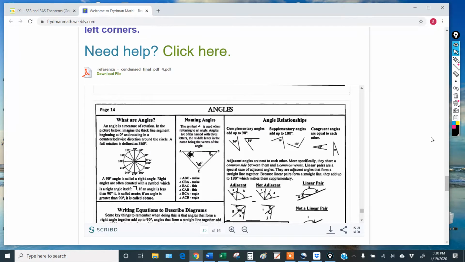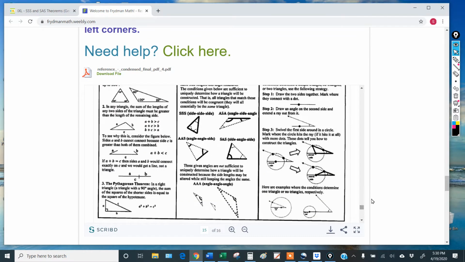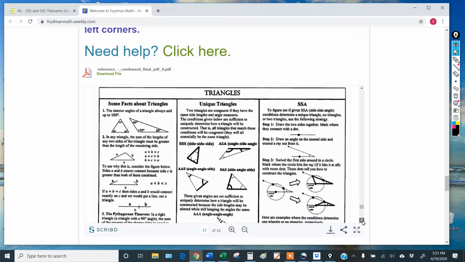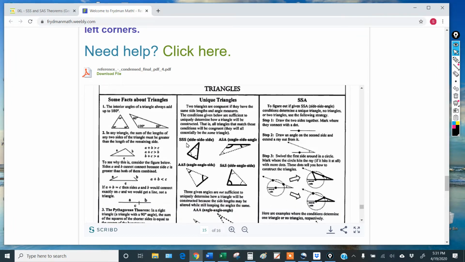Okay, and I talked about this in another video for this week, for I believe 8th grade P16, but I'll just very quickly go over again that if we see SSS or ASA or AAS or SAS conditions, then there's only one way to make a triangle with those conditions.